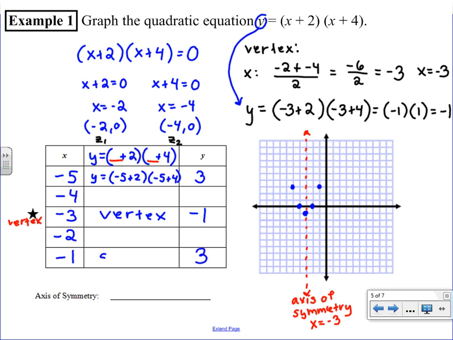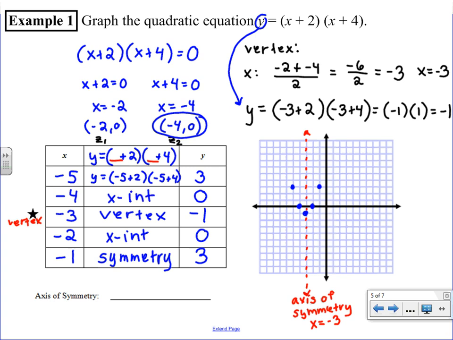So I got this point by using symmetry. And then negative 4, well, hey, I already found that negative 4, 0 was a point on my graph. I already have that marked. Negative 2, 0 was a point on my graph. Those were our x-intercepts or our zeros.